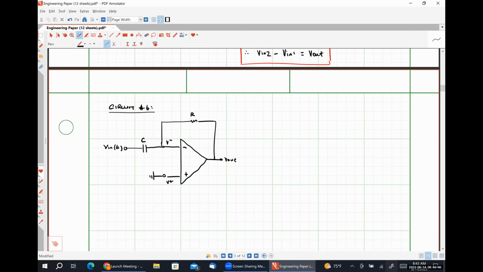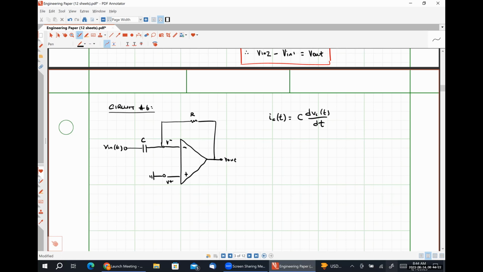So a few things here. We are going to use effectively the exact same steps that we've been doing to analyze the behavior of all of these, but I'm going to refresh you on a couple of quick relationships. The first of which is that the current flowing through a capacitor, IC of t, is equal to C times the derivative of the voltage drop across the capacitor with respect to time.